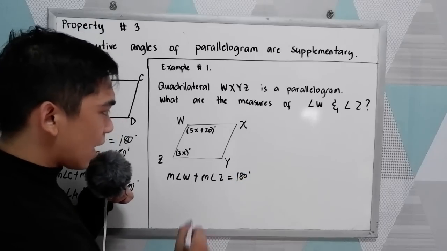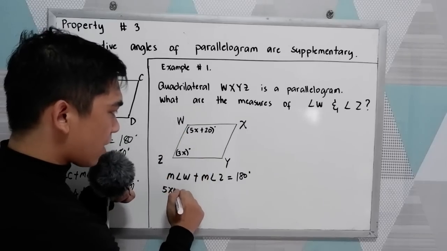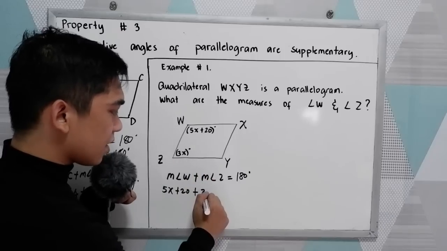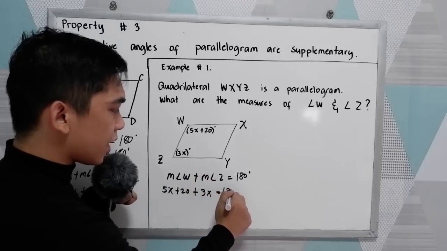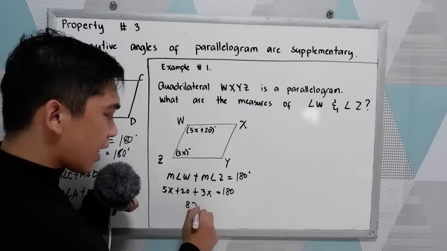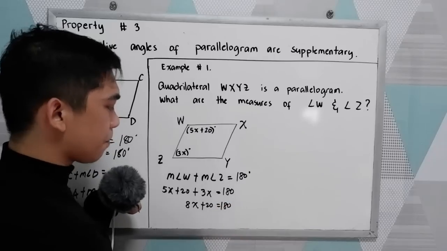Now, substitute our given. So W is 5x plus 20, plus measure of angle Z is 3x, is equal to 180. 5x plus 3x, that is 8x, plus 20 is equal to 180.